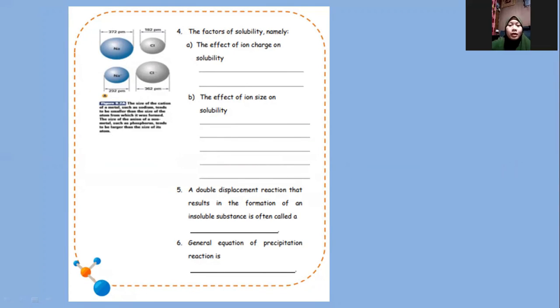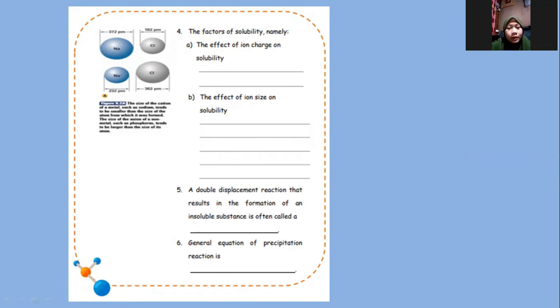Number four, the factors of solubility. Point A, the effects of ion charge on solubility: compounds of ions with small charge tend to be soluble.